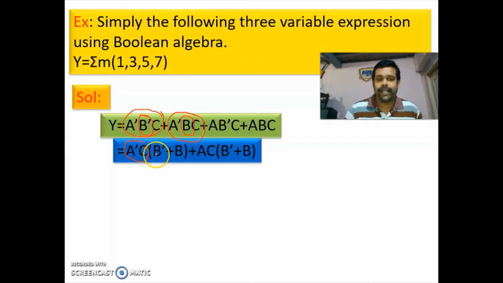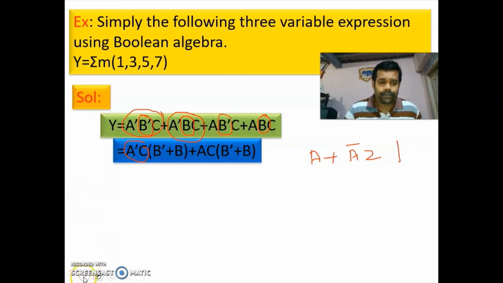So the remaining will be B bar plus B. Similarly, from the third term and the fourth term, we are taking AC common. In the first term, B bar will be remaining, and in the second term, B will be remaining. While studying Boolean laws, we have studied that A plus A bar is 1. Similarly, B plus B bar is 1, C plus C bar is 1, anything plus its complement is 1.